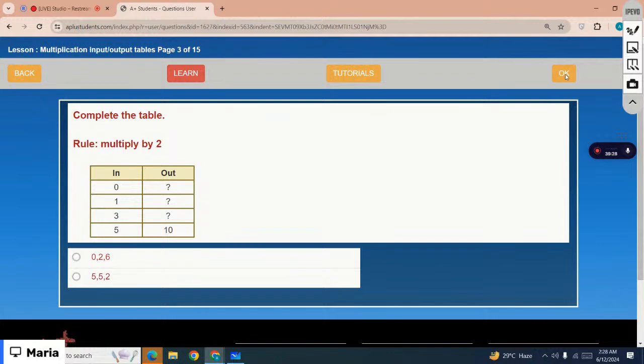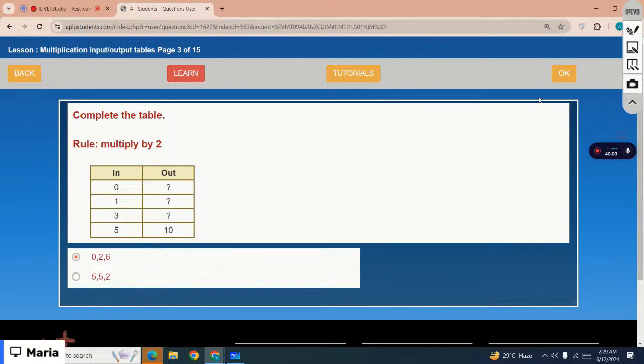Complete the table. Multiply by 2. So which is the correct option? The correct option is 0, 2 and 6.